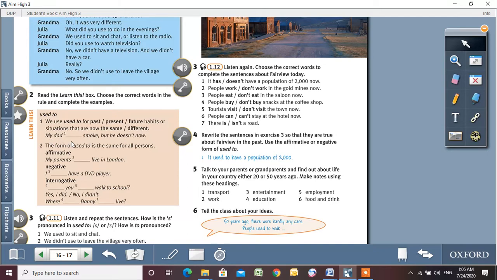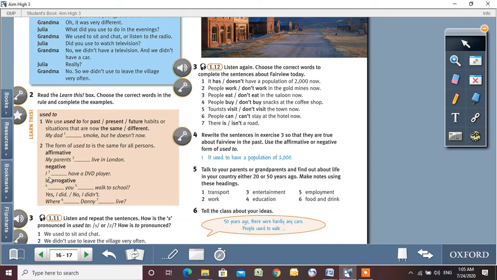So my dad used to smoke, that was in the past, but he doesn't now. Number two, the form of used to is the same for all persons, because it's in the past. So in the affirmative, we say my parents used to live in London.